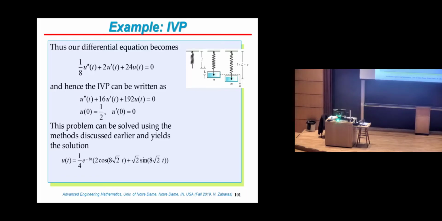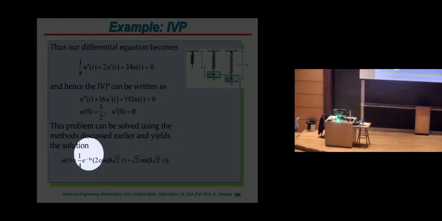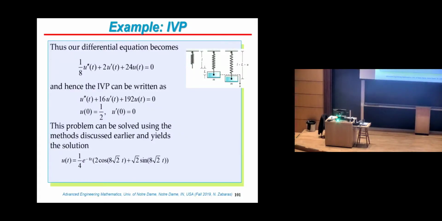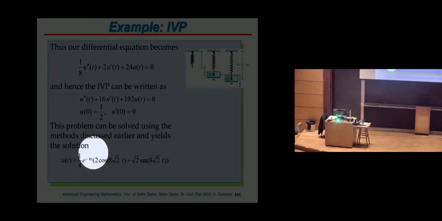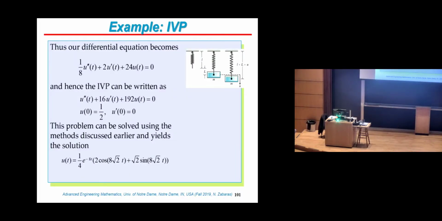What do you do? Characteristic polynomial, right? So s squared over 8 plus 2 times s plus 24 equal to 0. You compute the solutions, and what type of solutions will you get for this problem based on what you look at here? It will be complex solutions, right, with negative real part, and the imaginary part is going to be this 8 square root of 2.